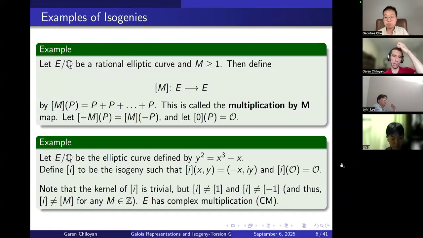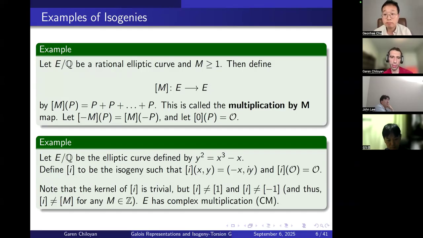So let's talk about examples of some isogenies. I guess these would be some of the most important examples of isogenies. An elliptic curve E is isogenous to itself because, of course, you have the identity isogeny. That's very nice. But there are also isogenies called the multiplication by M map, where M is a positive integer.